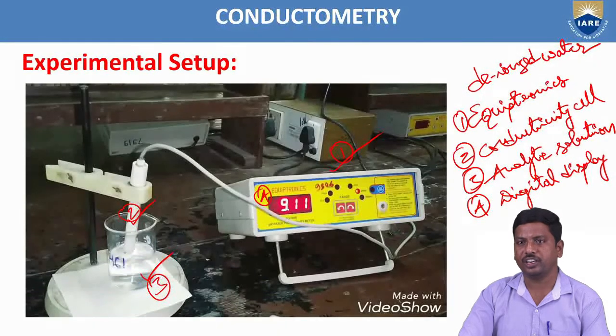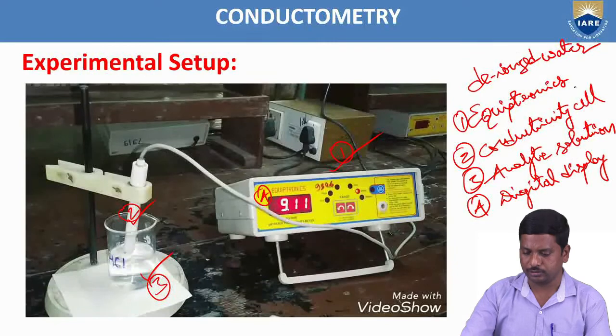By using that deionized water, we can calibrate this instrument to check whether its performance is suitable for measuring the conductivity in various types of samples. A very important thing is that the conductivity cell is made with platinum plates.